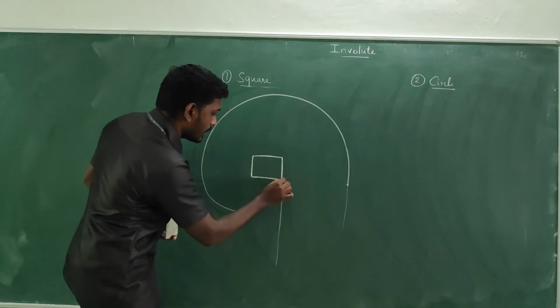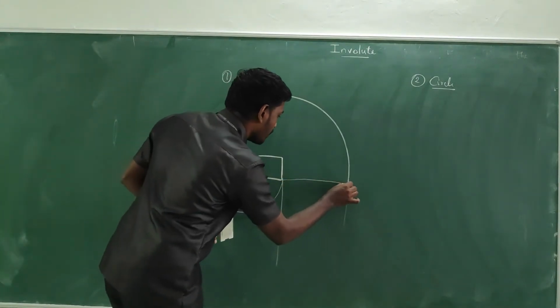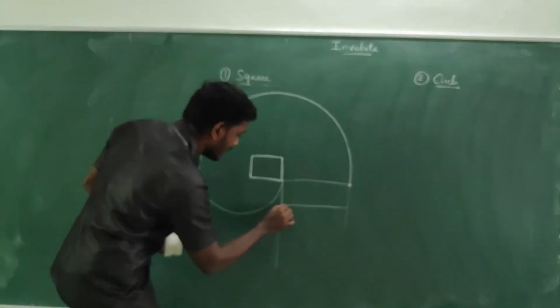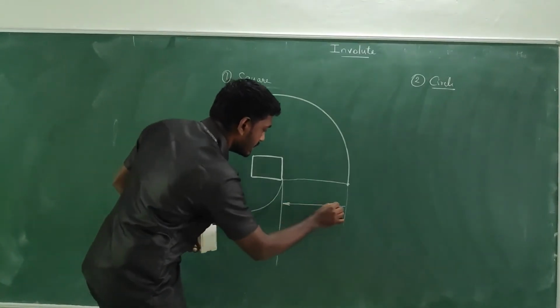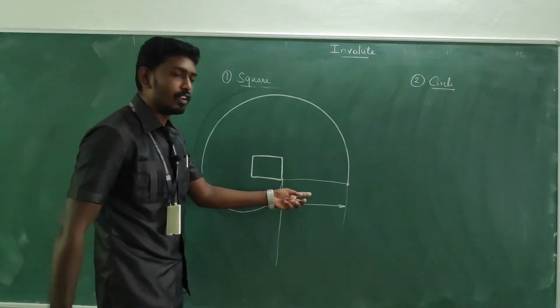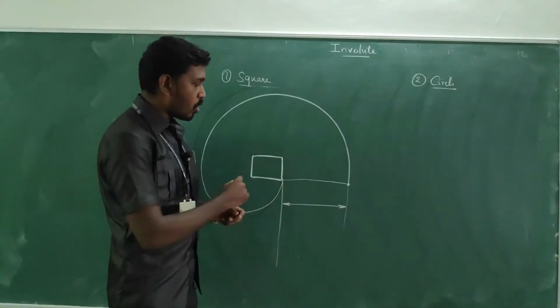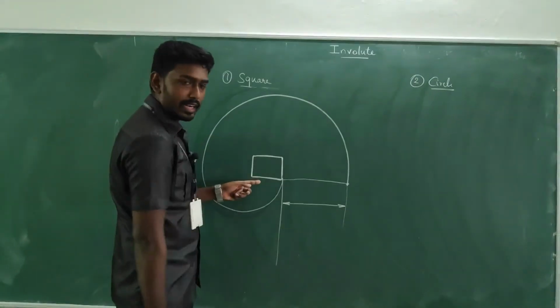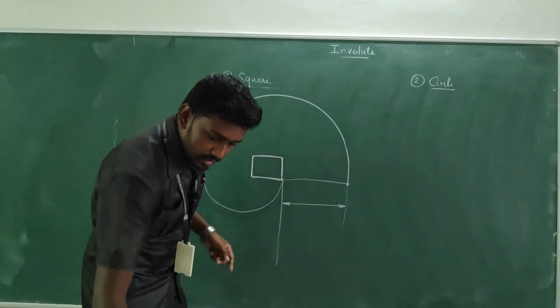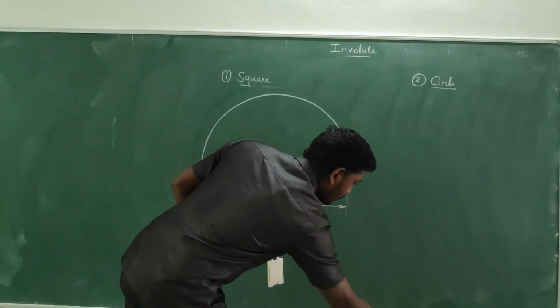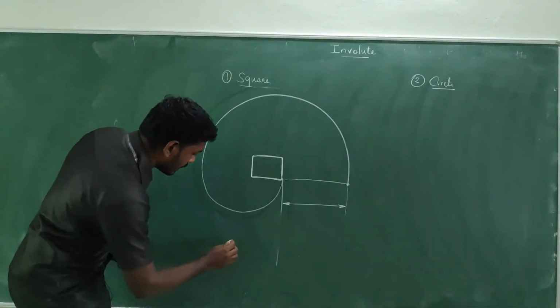And I can say from this end, if you take the length from the polygon, you will get the string length. This length will be the length of the string consumed for one complete tan, right? One complete tan. For a square, the string length will be the perimeter length.